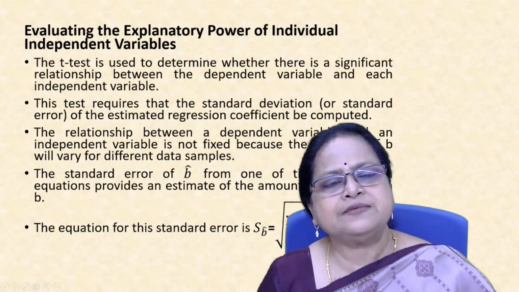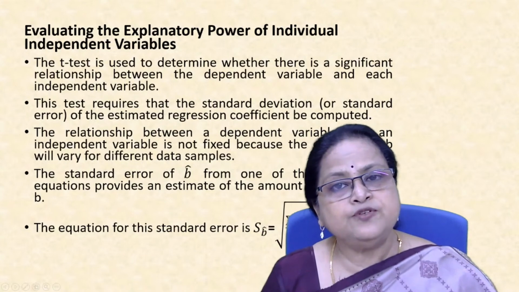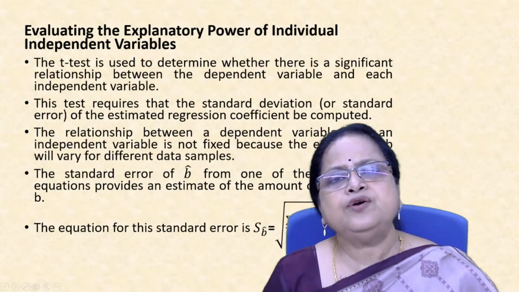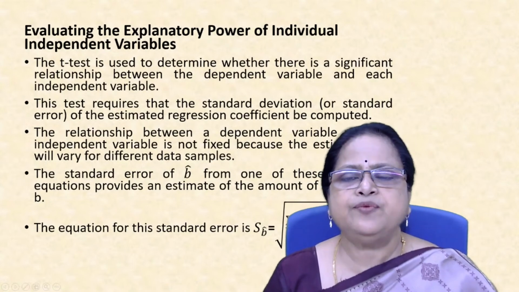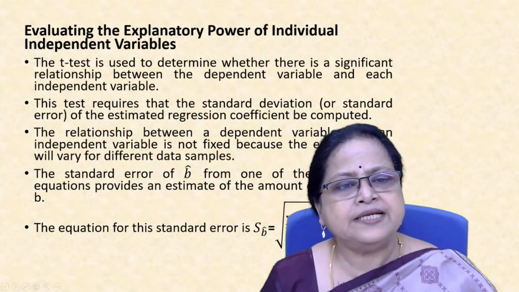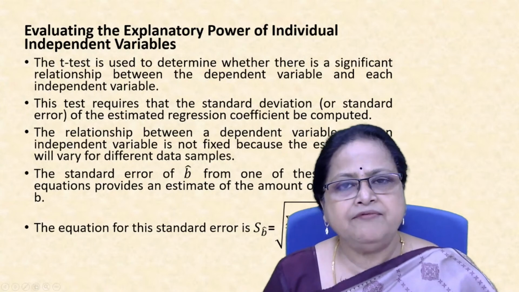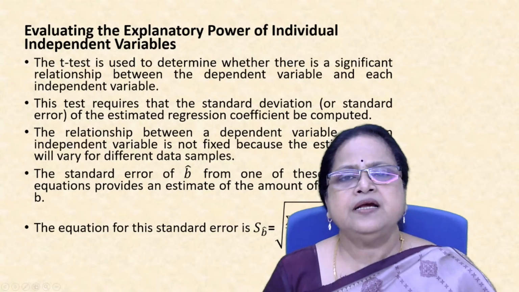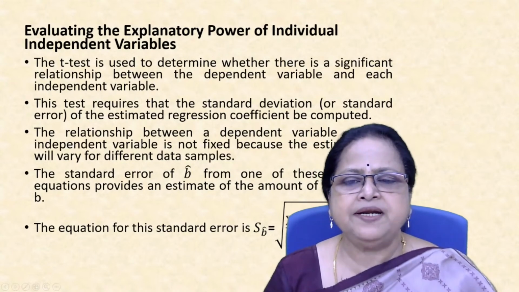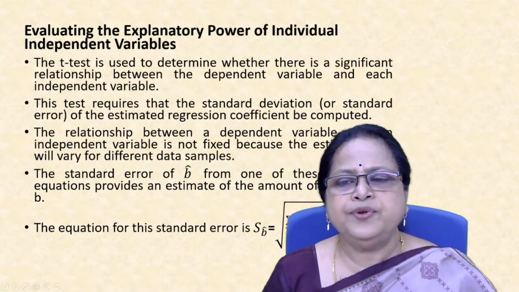Now, evaluating the explanatory power of individual independent variables. Here we have to use the t-test. The t-test is used to determine whether there is a significant relationship between the dependent variable and each independent variable. This test requires that the standard deviation of the estimated regression coefficient should be computed.